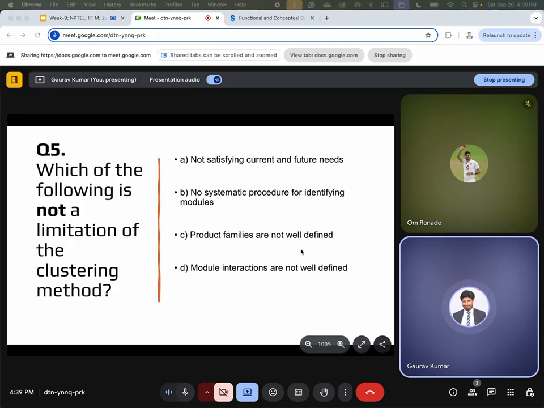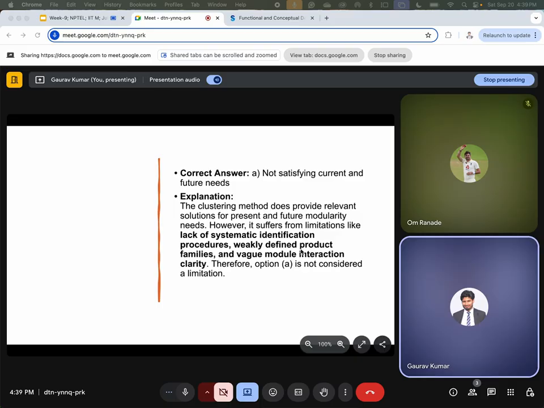So basically, the clustering method is valuable for modular design, but like any approach, it has its drawbacks. It often lacks a systematic step by step procedure for identifying the modules, which can make the results inconsistent across different design teams.